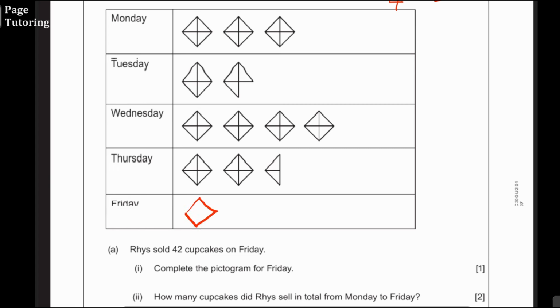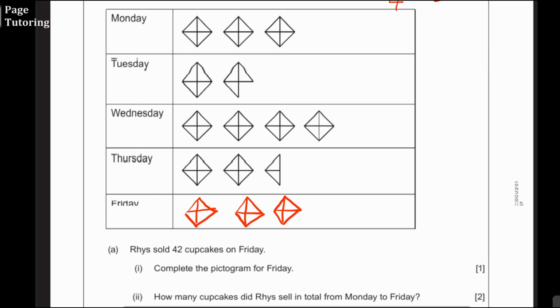A full diamond, that's 12, another full diamond, that's 24, another full diamond, 36, but then if we did another full diamond again, that would give us 48. That's too high, that's 6 too high.